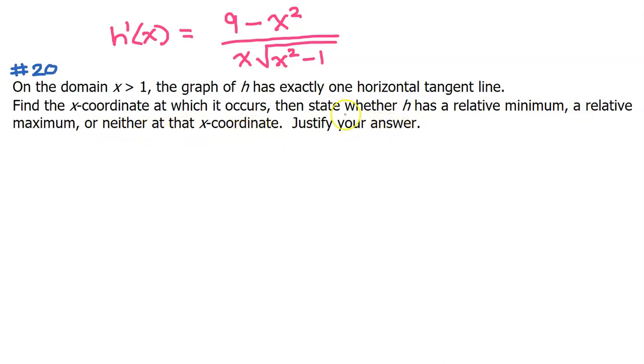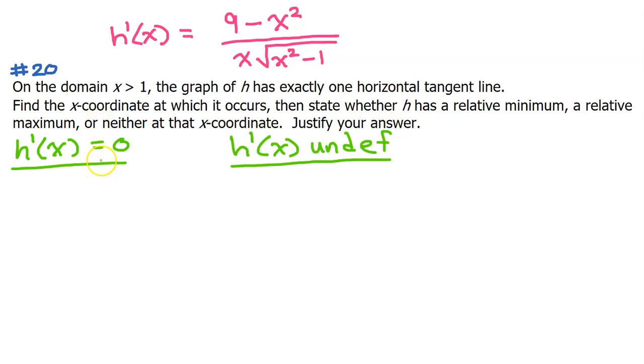Justify your answer. Relative extrema occur at critical numbers, and that's where h prime is equal to 0, or where h prime is undefined. This fraction will only equal 0 when the numerator is equal to 0. So we have 9 minus x squared is equal to 0.